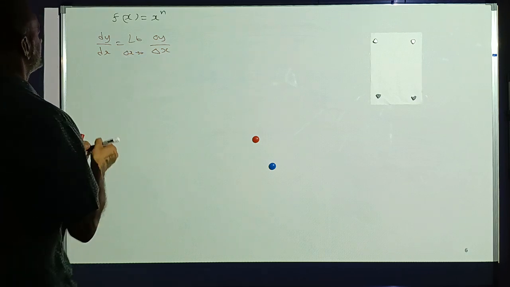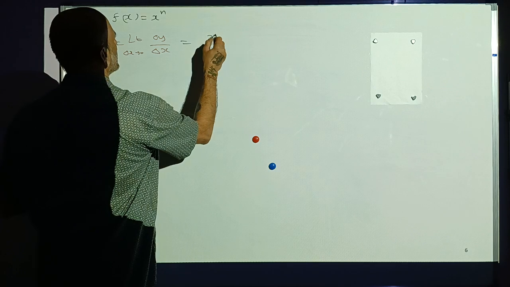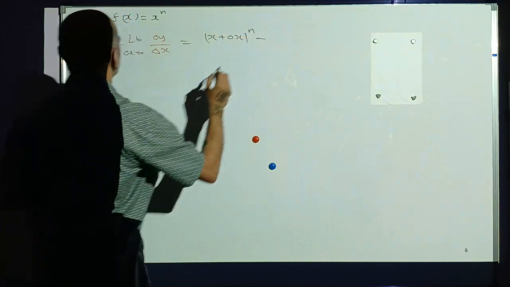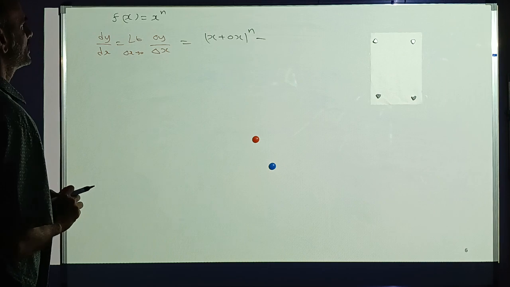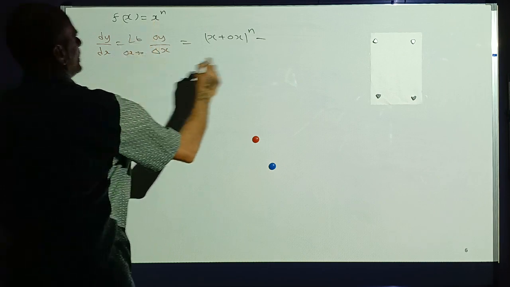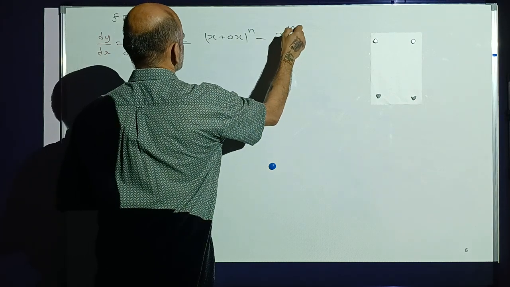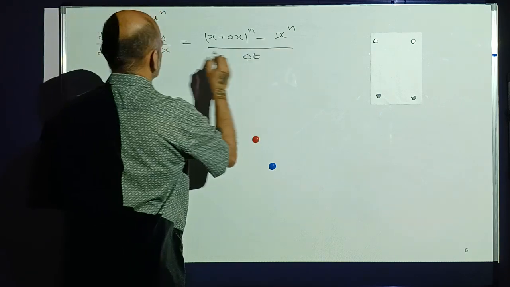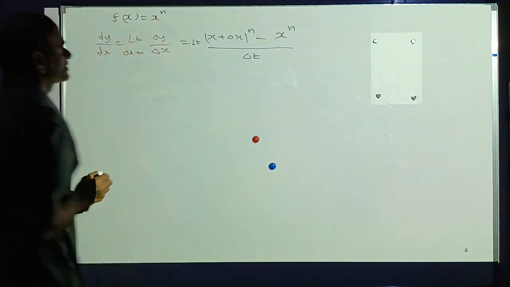So this will become x plus delta x raised to the power n, that is the value of the function y at x plus delta x, minus the value of the function at x, that's x raised to the power n, divided by delta x, and we have to put a limit.